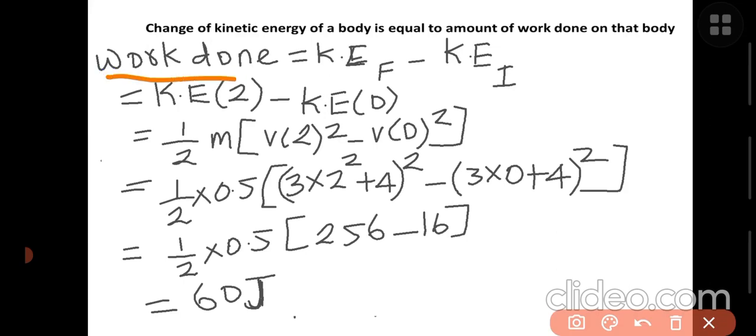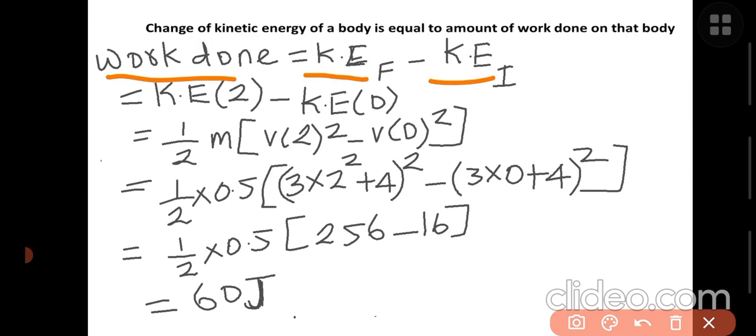Work done is equal to final kinetic energy minus initial kinetic energy, that is the difference in the kinetic energy. Kinetic energy for the x value of 2 minus kinetic energy for the value of x equal to 0.